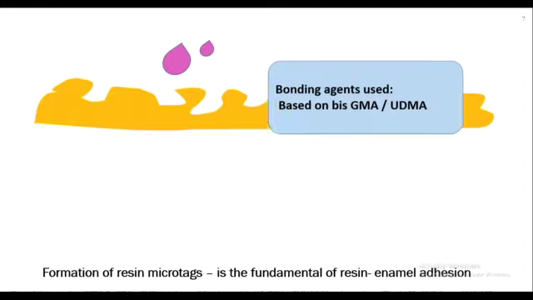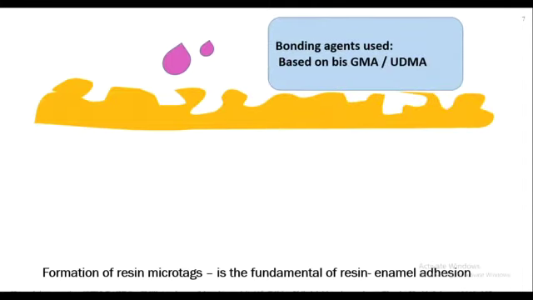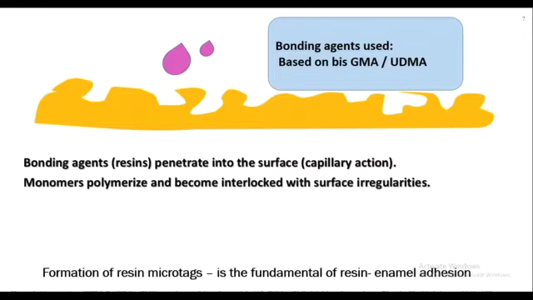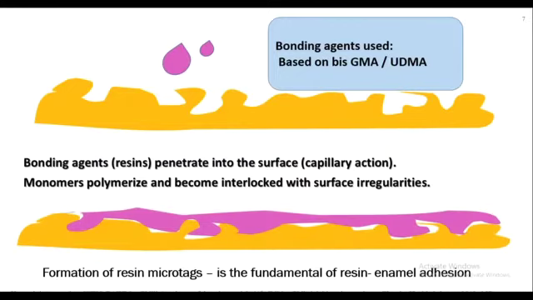After the formation of these layers, you apply the bonding agents. These bonding agents are either bis-GMA or UDMA, and the bonding agent will try to penetrate the surface through capillary action. This monomer will then polymerize into the surface irregularities and form a functional micro tag. So these are the fundamentals of resin enamel adhesion.